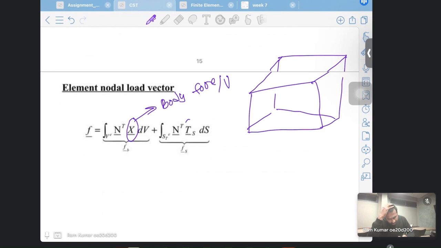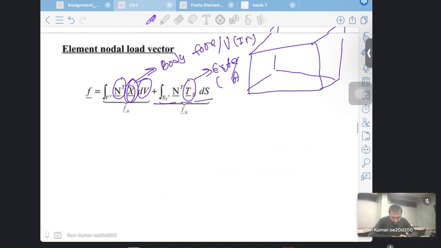Okay, this is our body force, or external force, and this is the external force per unit area. So if I want to transfer to any node, we have to multiply by the shape function: force into volume. Similarly, plus shape function, traction into area.